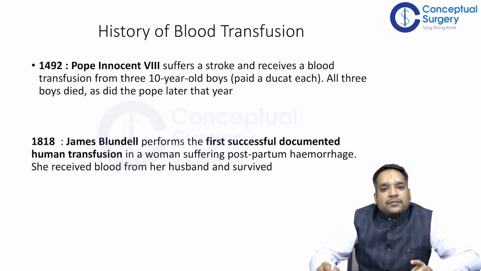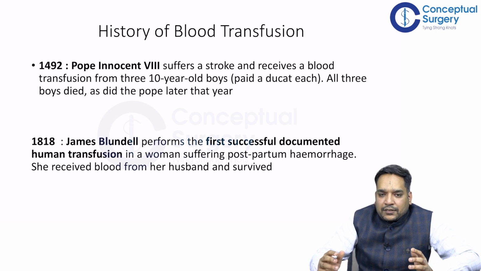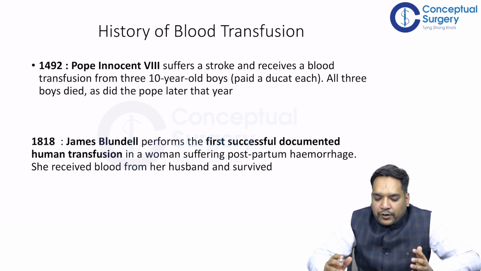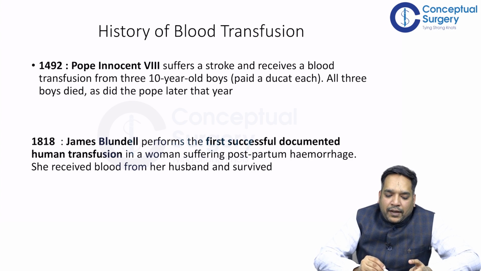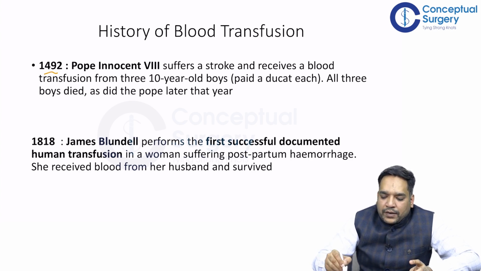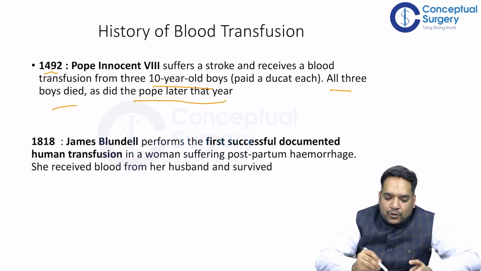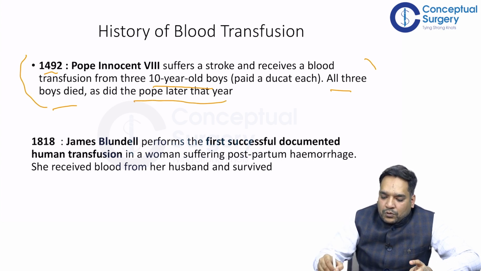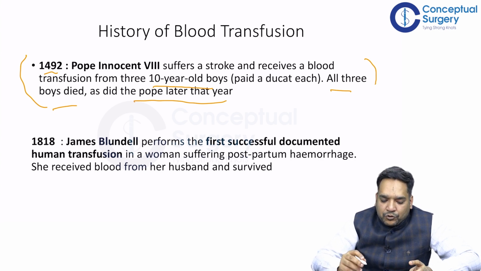Now the text. There are some important personalities who played an important role in blood transfusion. In 1492, Pope Innocent VIII suffered a stroke and received a blood transfusion from three 10-year-old boys. All three boys died, as did the Pope later that year. This is one of the historical events in the past for blood transfusion.